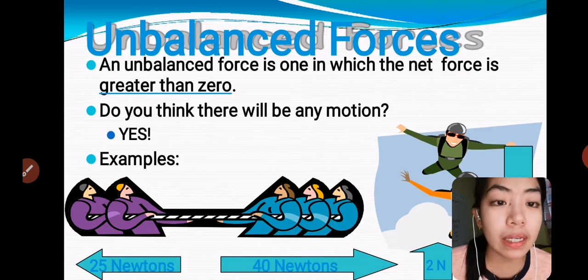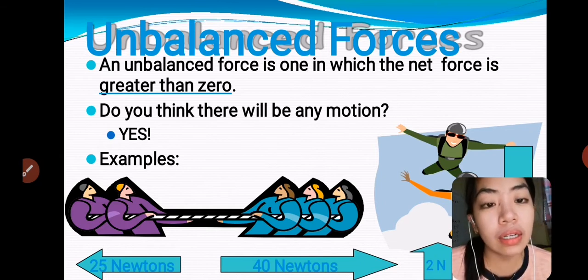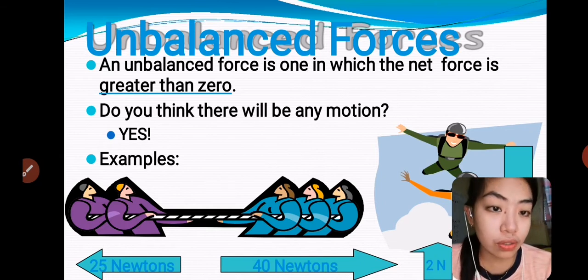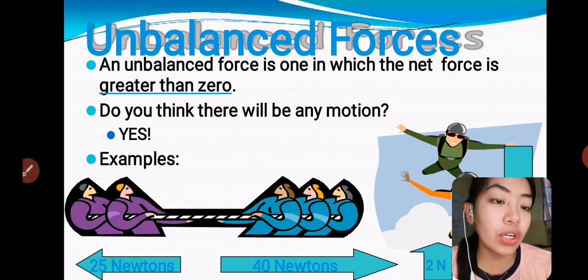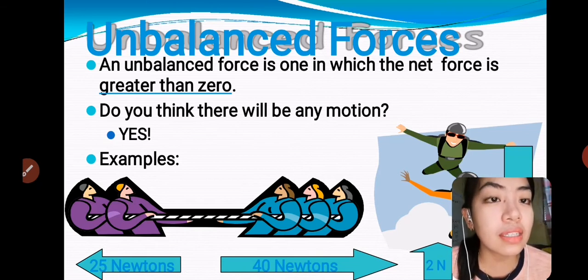Since magkaiba sila ng direction, again, you are going to subtract these two. 40 newtons minus 25 newtons is equivalent to 15 newtons. Since 15 newtons is greater than 0, kabilang siya sa ating unbalanced forces.